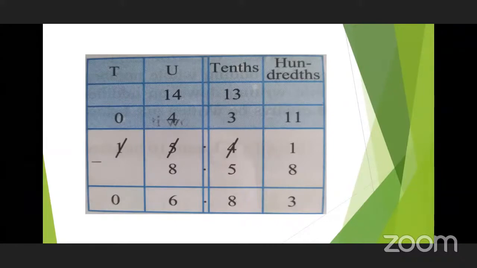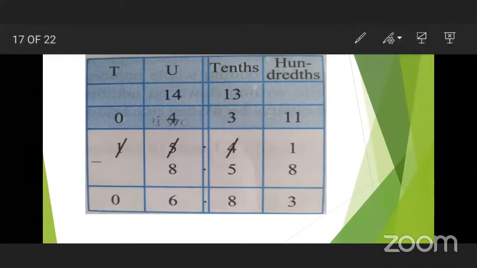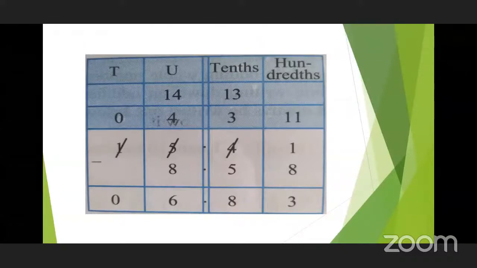So 11 minus 8 is 3. And 4 becomes 3. 13 minus 5 is 8.